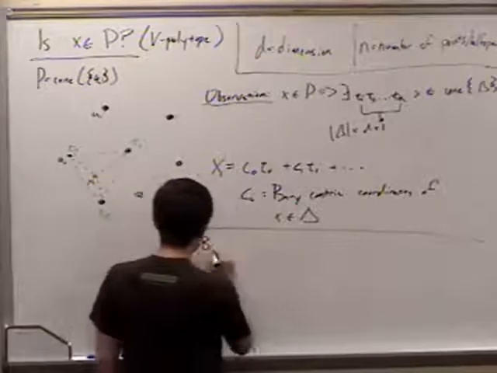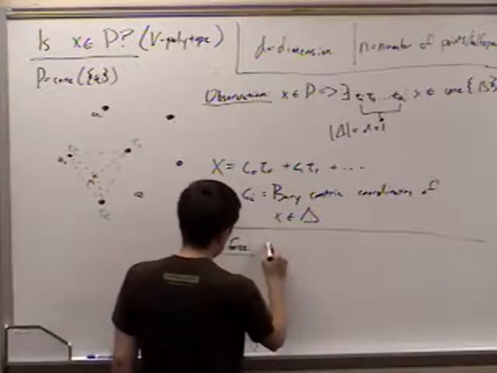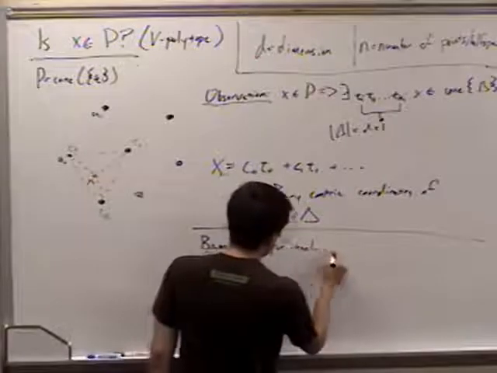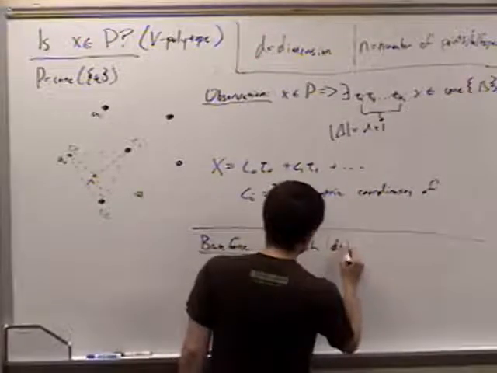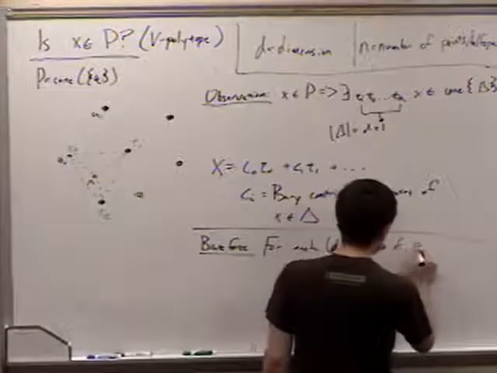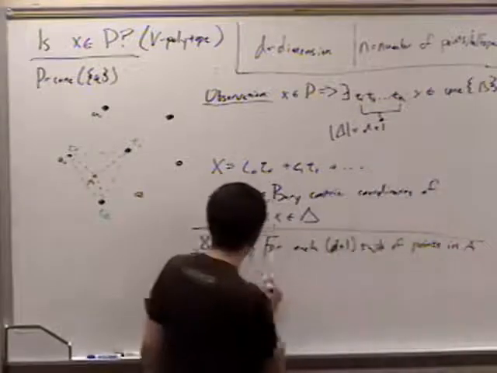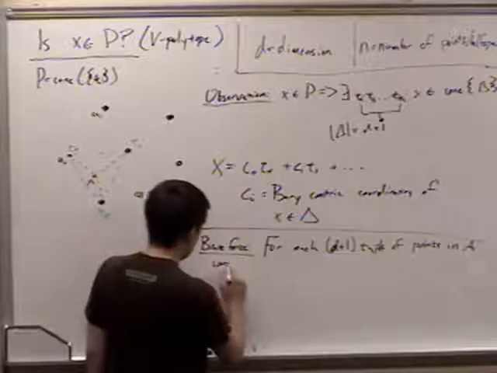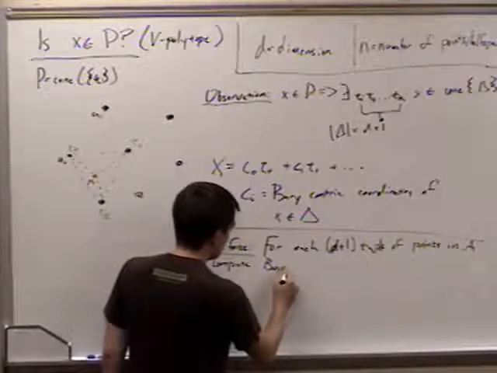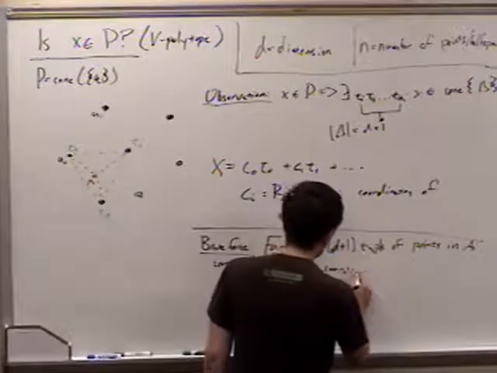So brute force: for each d plus 1 tuple of points in A, compute barycentric coordinates.